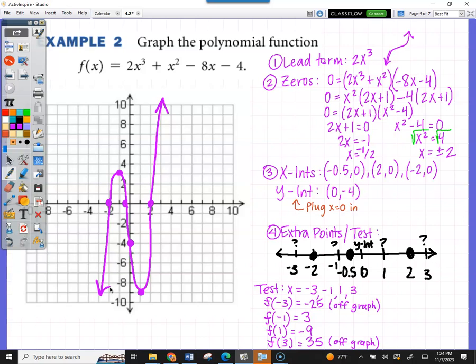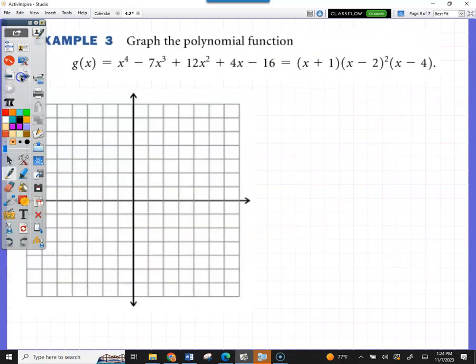And I'd like you to try the next one. It is in standard form at the beginning so that you know what the leading term is. But then I put it in factored form for you because it does not factor by grouping. This is the standard form.